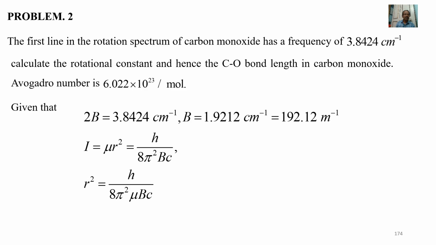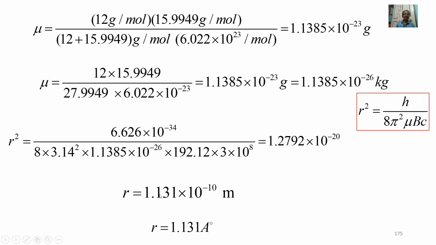And we know that I equals mu R squared, which is equal to h divided by 8 pi squared B c. So equating these two expressions, we can have R squared equal to h divided by 8 pi squared mu B c.